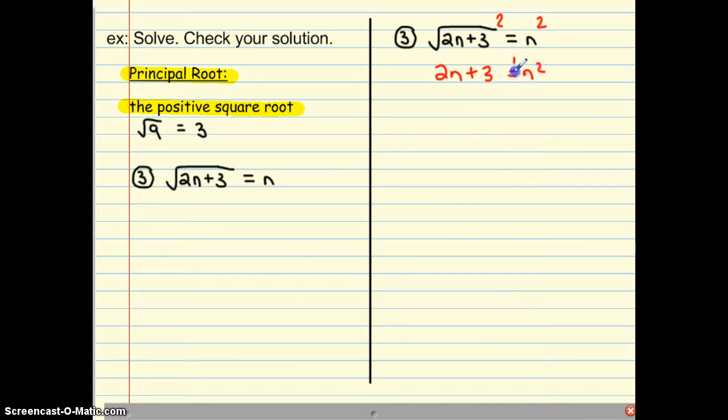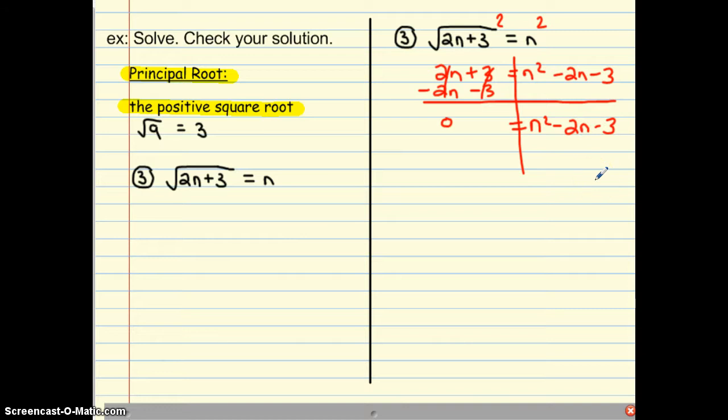All right, and we are going to get everything on the same side, so minus 3, and I'm lazy, I'm going to do it all in the same step, minus 2n minus 3. These will go, we'll have 0 equals n squared minus 2n minus 3.